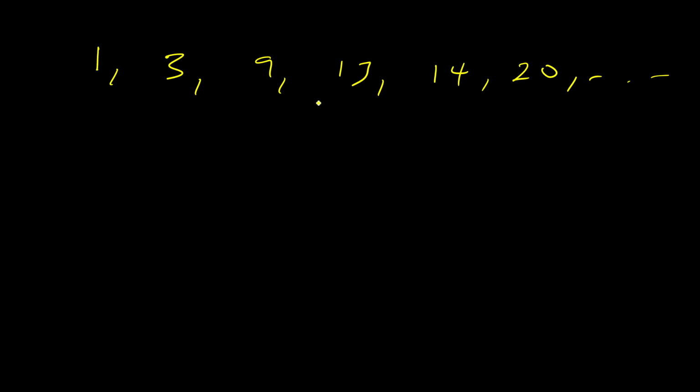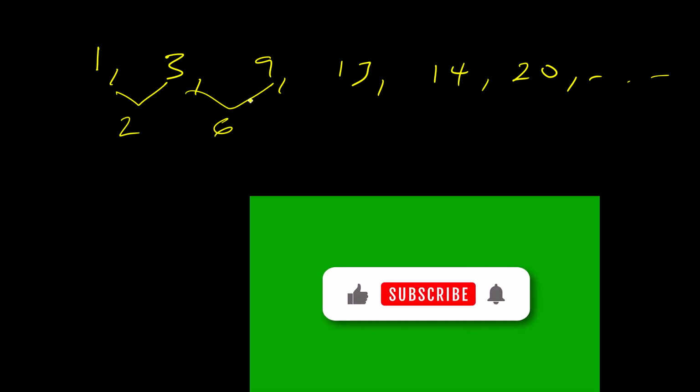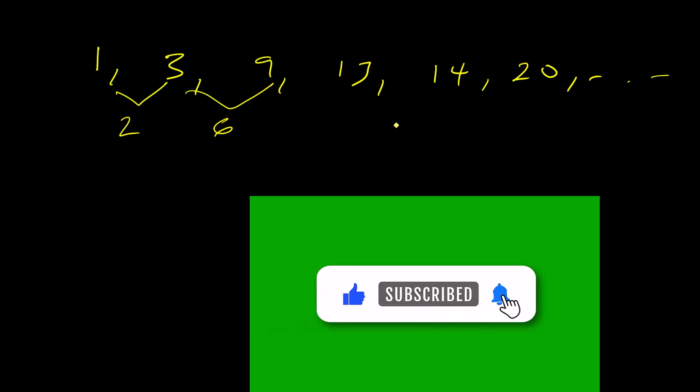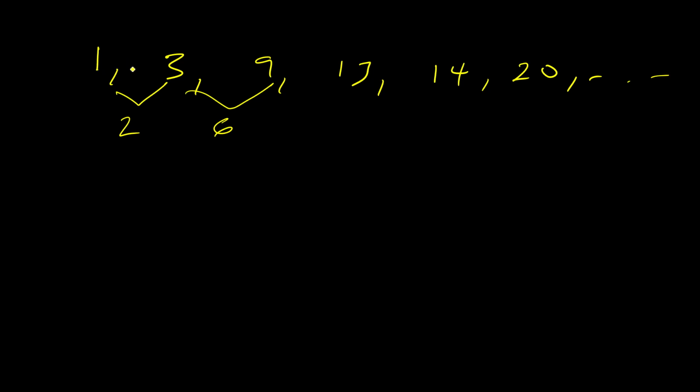There is no pattern because 1 and 3 is 2, 3 and 9 is 6. So there is no pattern here, and therefore it will be difficult to determine the next digits here. So these numbers are not a sequence. So that's the idea of a sequence.